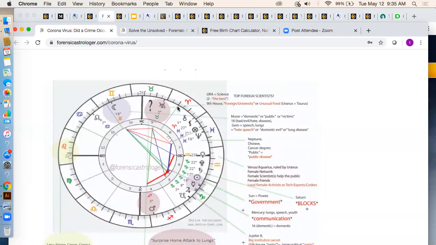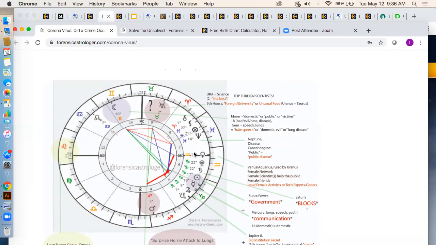So if you combine all of that together, you can potentially see that it could work out to the world's best scientist. And that person could be responsible for this virus. I do believe that this has an expression of bioterrorism. Did a crime occur? I think this chart affirms that.